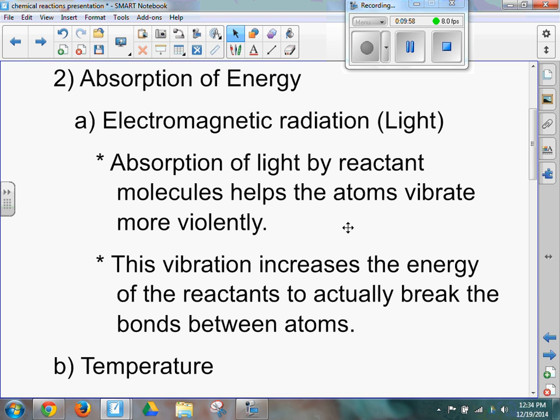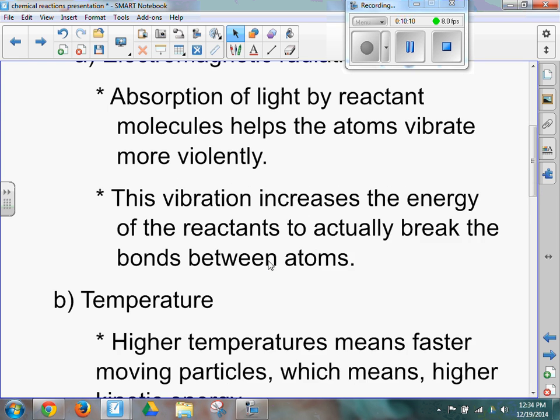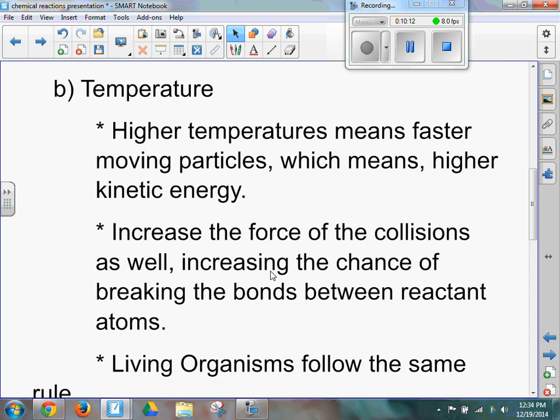That's not the only way, but you can talk about it atmospherically. There's lots of things that absorb light and can go through the reaction using just light as a form of absorption of energy. When we talk about temperature, which is probably a little bit more common in your world as far as how reactions occur and how they can increase, if you increase the temperature, it means the particles will move faster.